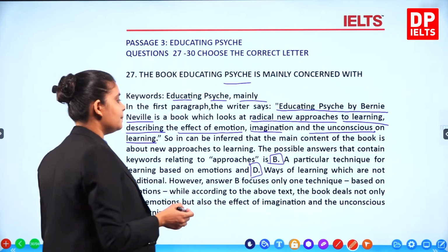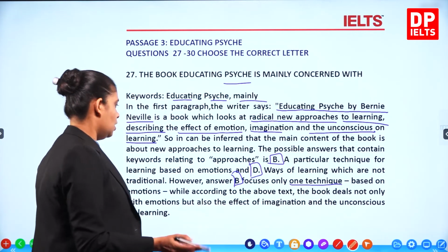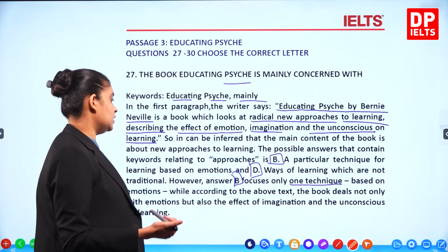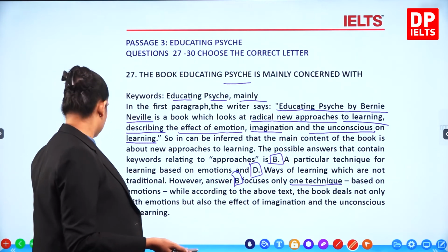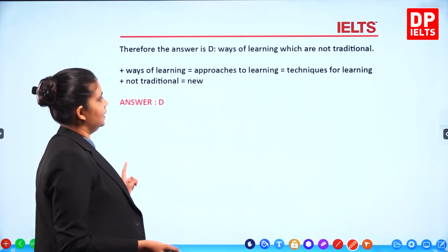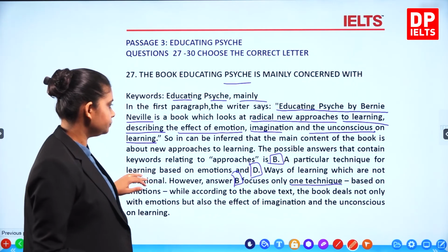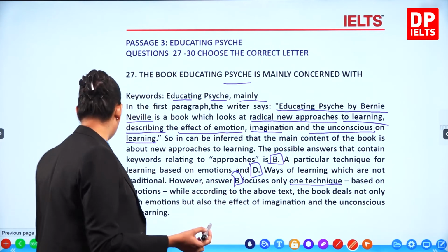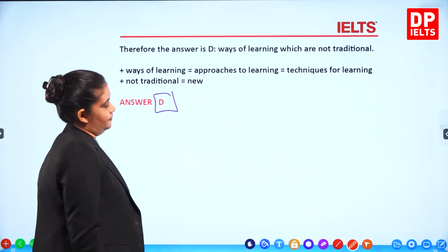However, answer B focuses only on one technique based on emotions, while according to the above text, the book deals not only with emotions but also the effect of imagination and the unconscious on learning, right? So I think answer is D, because ways of learning which are not traditional, right? You can see here a particular technique based on learning emotions. So it talks about things which are not only traditional learning. So I would say answer D. Okay.